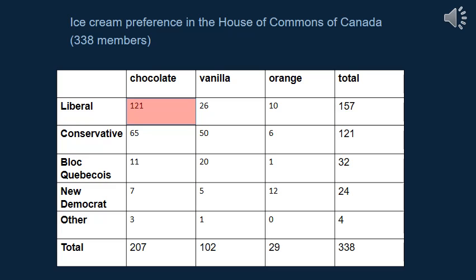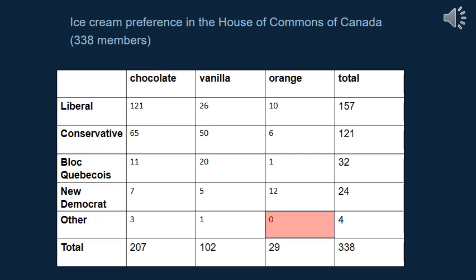So it would be normal to have the cell with the highest number of MPs be the cell that correlates liberals and chocolate ice cream. And this is actually where I do see my highest number.